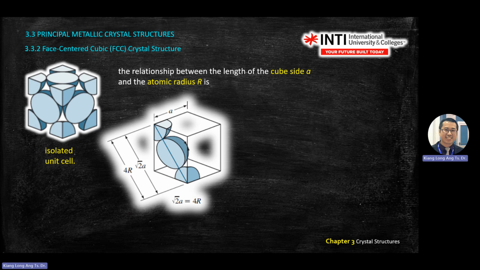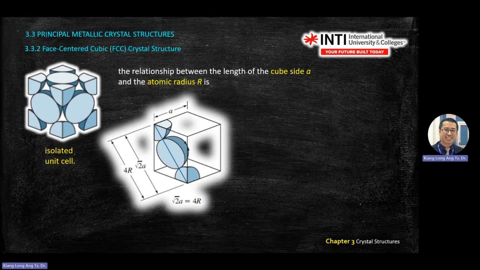For FCC, because it is face centered, you use the face, from here to here. So don't confuse the two. BCC has an atom at the center, so you cross the center. But for FCC, you focus on the face, so your diagonal trigonometry calculation is on the face.